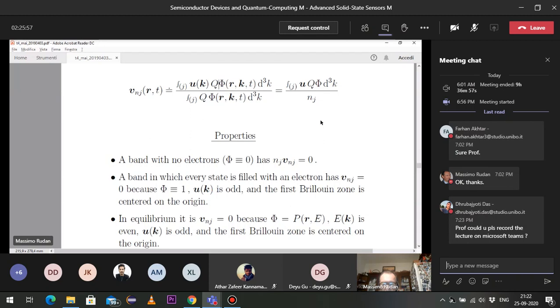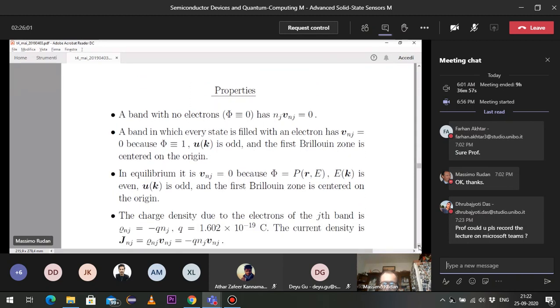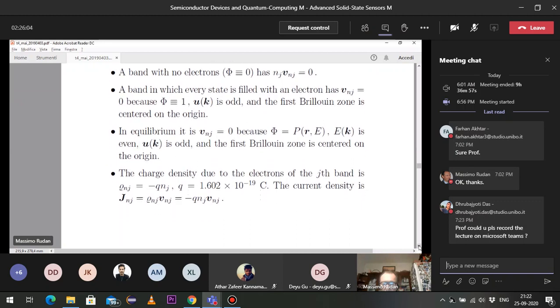Also, another observation is that if we are in the equilibrium, phi is some function that is, as you remember, the Fermi statistics in the equilibrium condition. The Fermi statistics may be different from 0 and different from 1, is some function, but the Fermi statistics depends on energy.